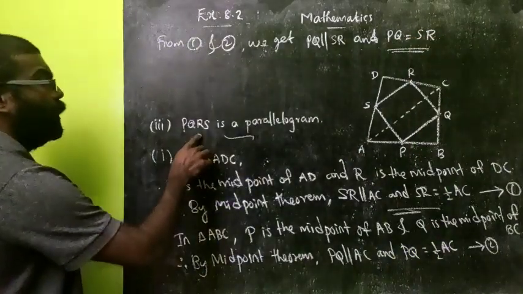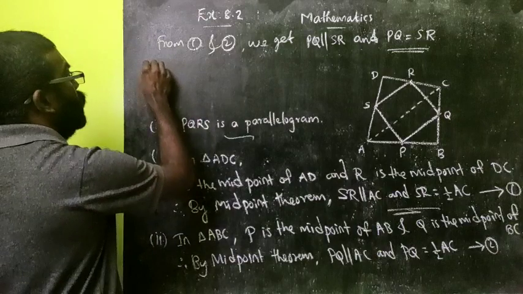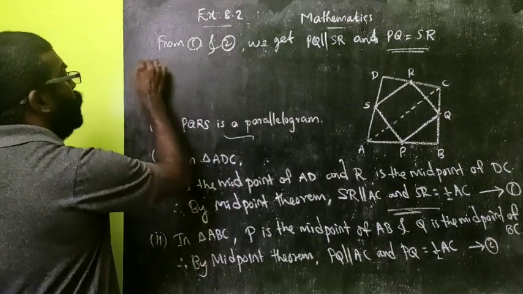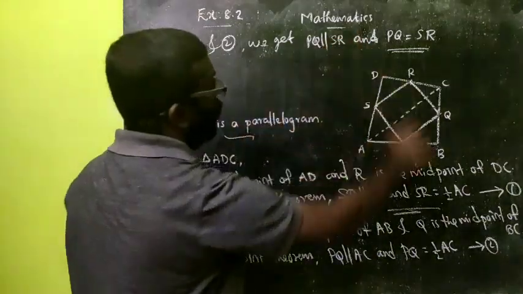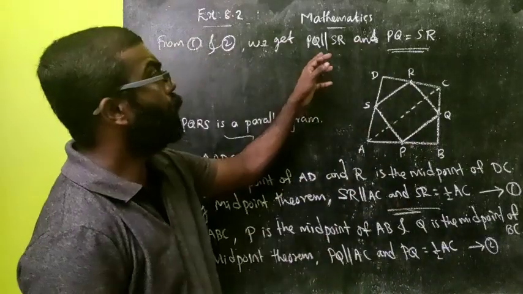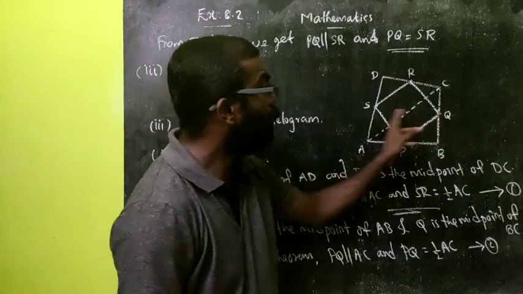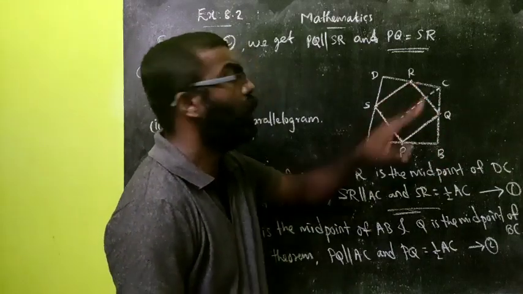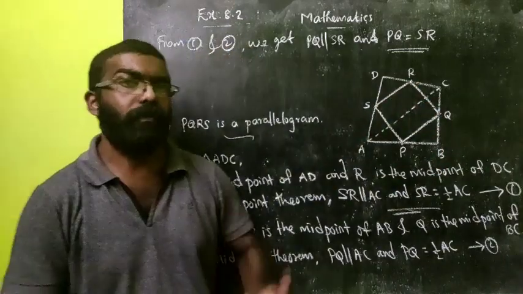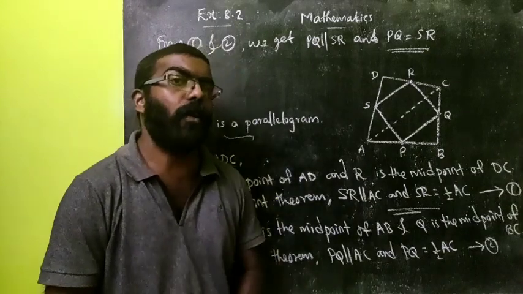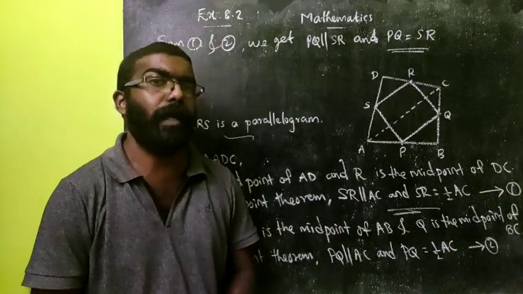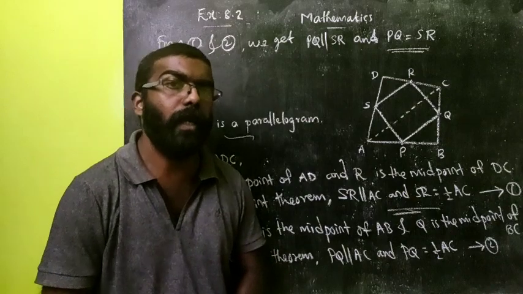Now the third one is, PQRS is a parallelogram. So from this step we can conclude PQRS is a parallelogram. Here one pair of opposite sides are parallel and equal. PQ parallel to SR, PQ equal to SR. So if in a quadrilateral a pair of opposite sides are equal and parallel, then the quadrilateral will be a parallelogram.